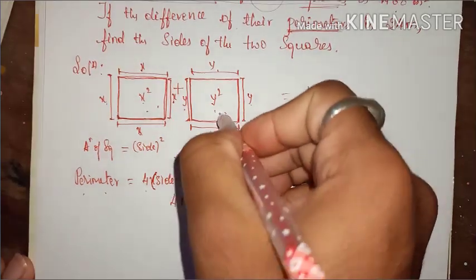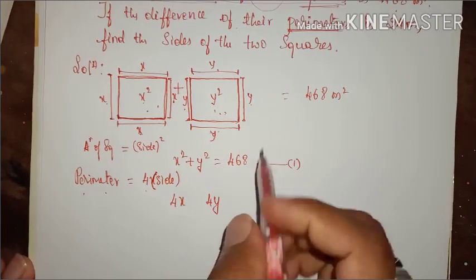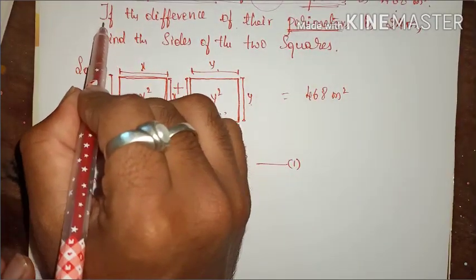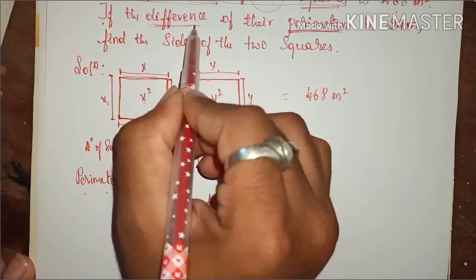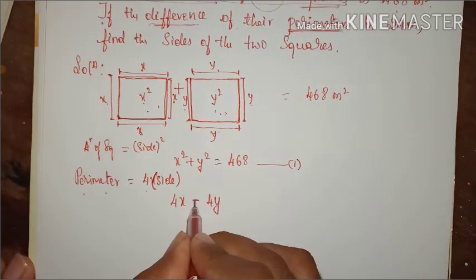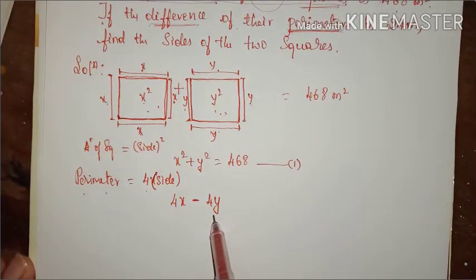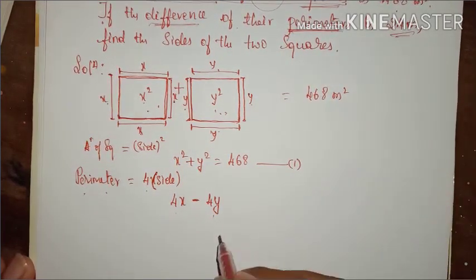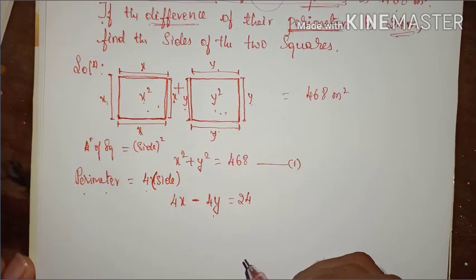What about the other one? It is 4y. Clear? He is asking for the difference, not the sum. Difference means subtraction. So the difference of their perimeters is 4x minus 4y, which is 24 meter. Is it clear?